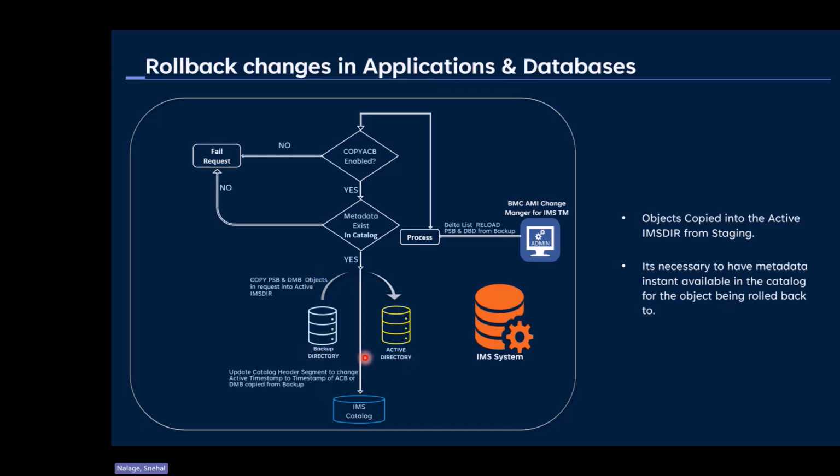And in the same way as when we copy from the staging to active directory, when we copy from the backup to active directory, we also need to go into the catalog and change the active timestamp in the catalog header segment to reflect the timestamp of the object that we are copying.